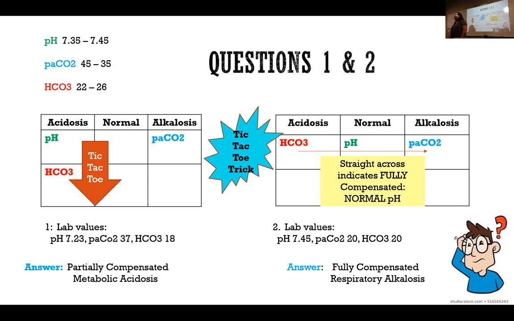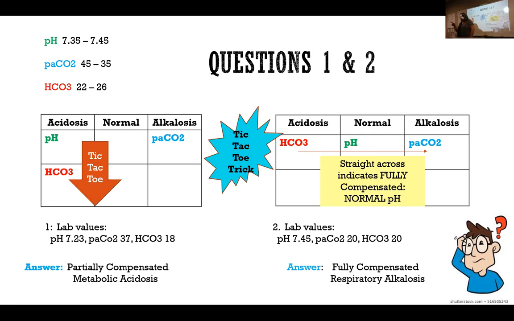If it's staying in the normal, it's being a lazy teenager. I'm referring back to my teens at home. They're not helping pick up the house. They're not helping balance out the body or the homeostasis. So we would change this to metabolic acidosis uncompensated. And when we go to uncompensated, we don't have to talk about partially or fully. We just say uncompensated. What a great catch.